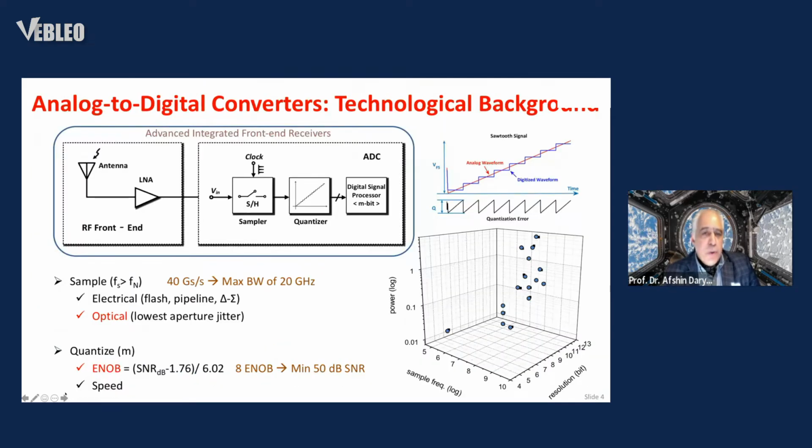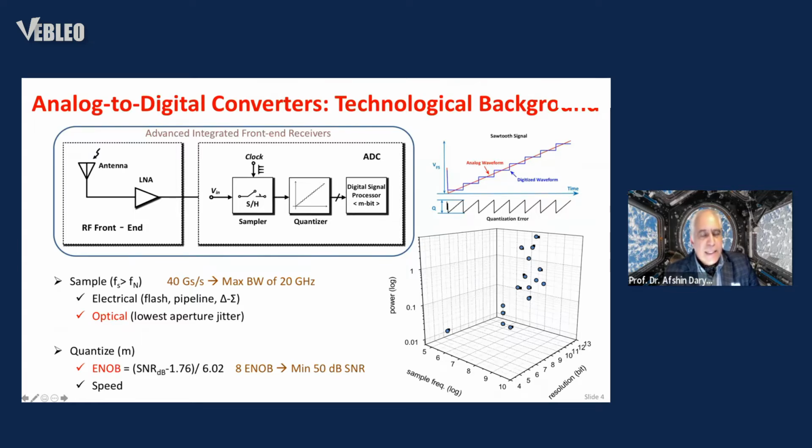So let me give you a brief overview of analog to digital converters, in particular, the holy grail of the direct digital receiver configuration. Let's say that the incoming signal in the radio frequencies is being detected by an antenna, and then after the front end processing of boosting the signal using a low noise amplifier, you take that RF signal to be sampled by a high speed as well as high stability clock signal.